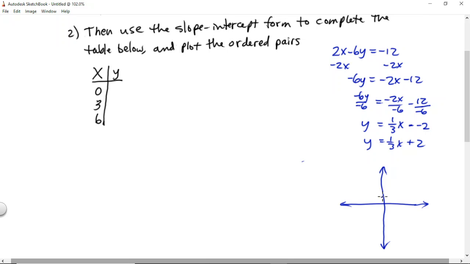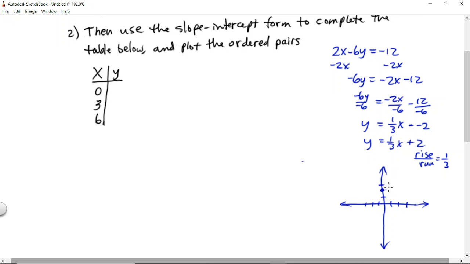So the y-intercept is 2. Gives us 1 point. The slope is 1/3. So the rise is 1, the run is 3. We could write this down. I'm going to move that up a little bit. Rise over run equals 1/3.